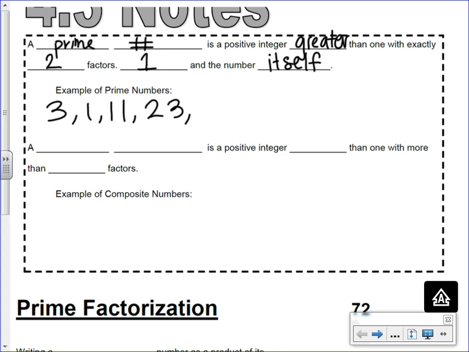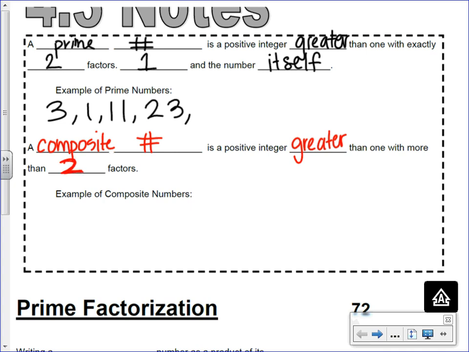And we've learned about composite numbers before, too. A composite number, remember back to our calendar in September and October, is a positive integer greater than 1 with more than 2 factors.